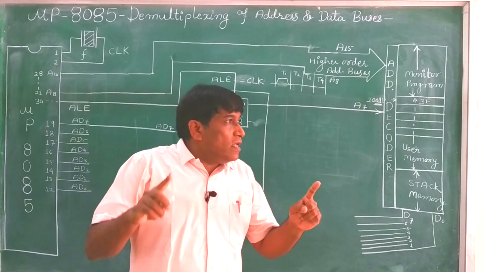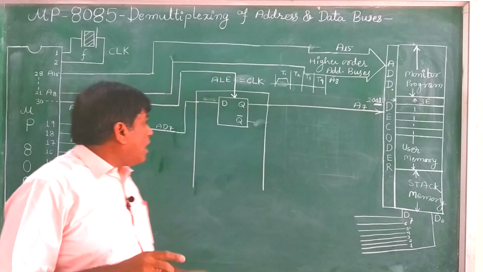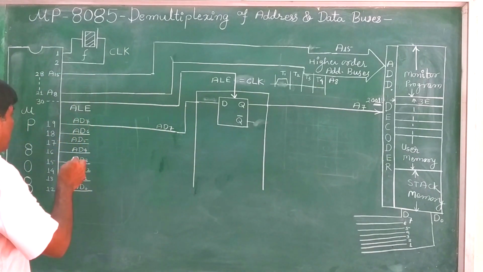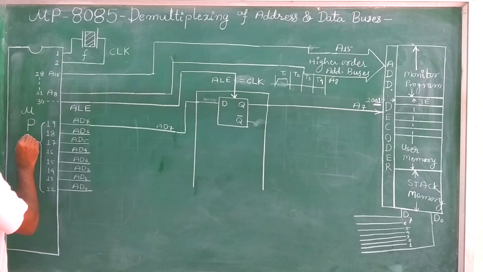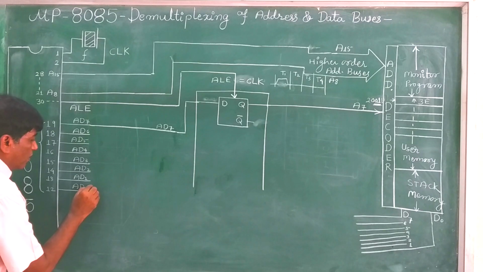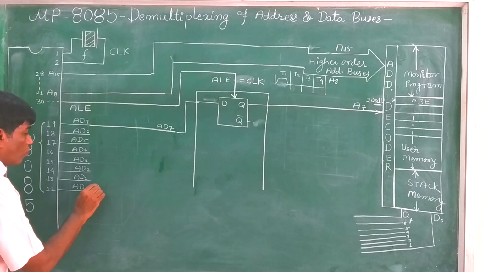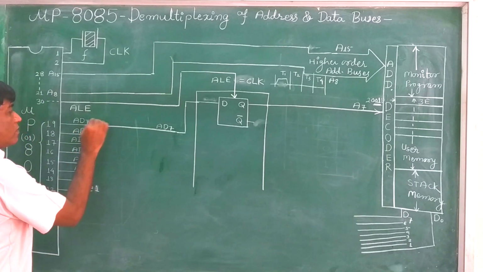That means if on these buses we are loading 01, D0 will be equal to 1 and all others will be 0.